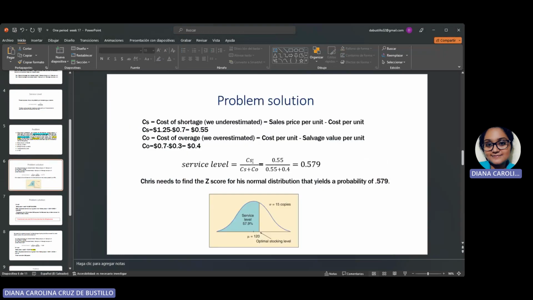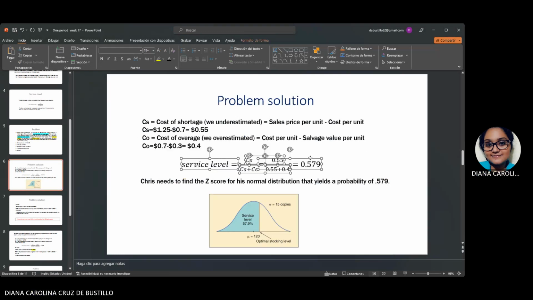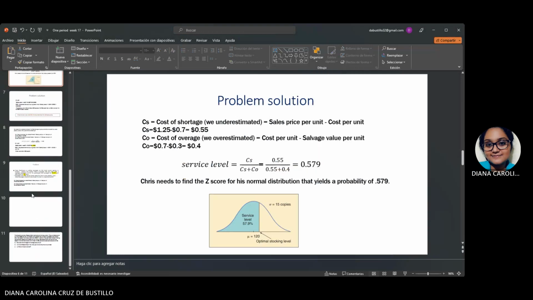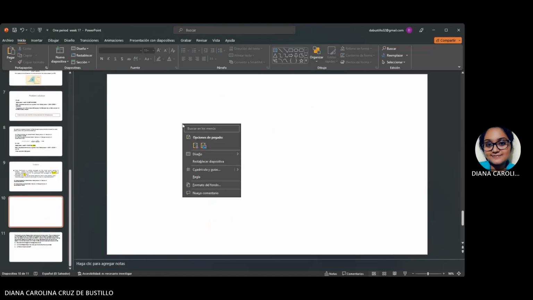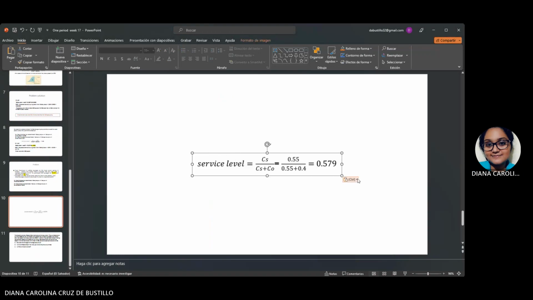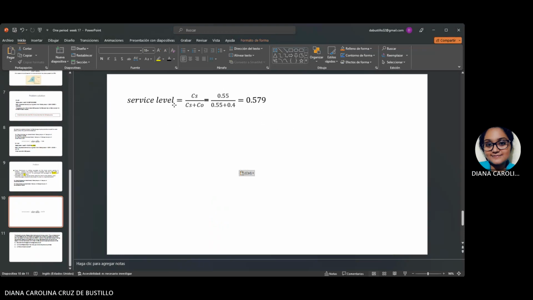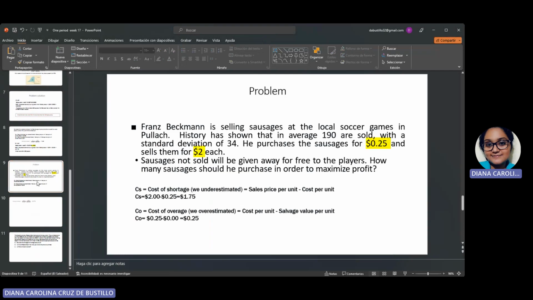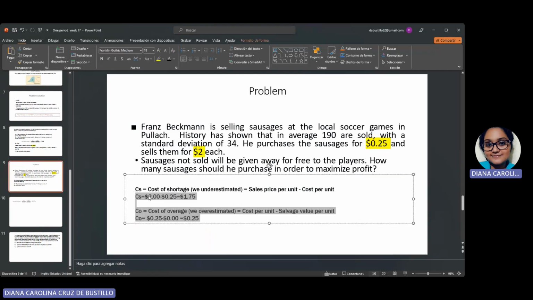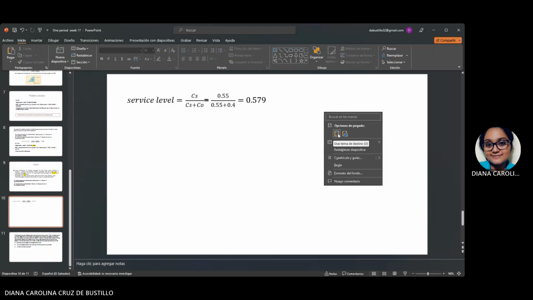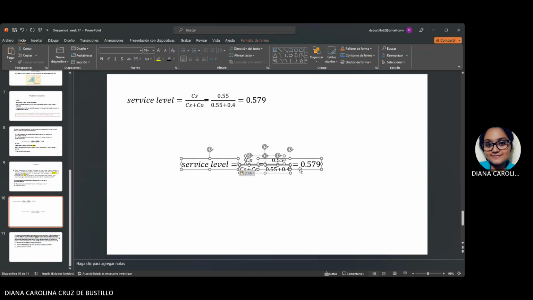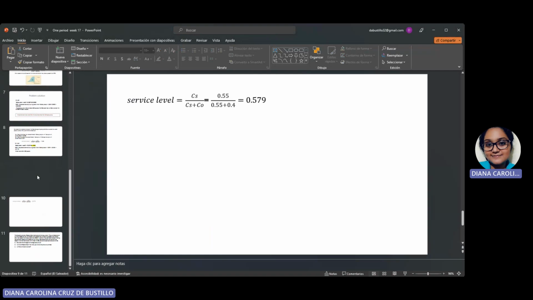That service level is a probability that is calculated with this formula. So let me just take it over there. Okay, we have our two costs, right? Let me just paste this, bring it with us so we don't lose track of it.